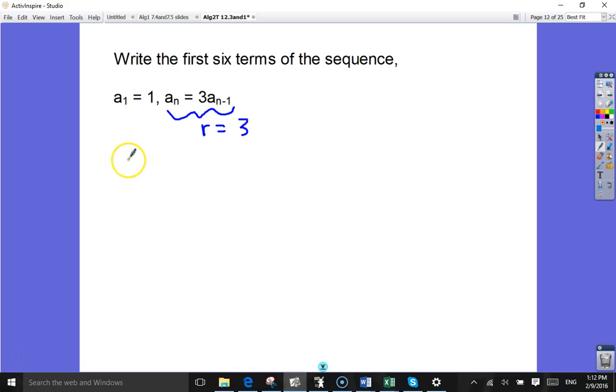So that tells me if the first term is 1, what's the next term? 3. What's the next term? 9. What's the next term? 27, 81, 243. There's 6 terms. At least if you could look at it and see, oh, that's what r is, then you know what to do with it.